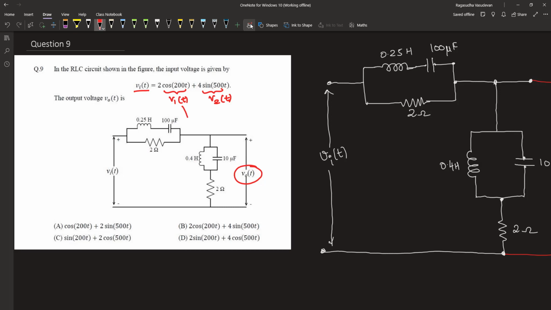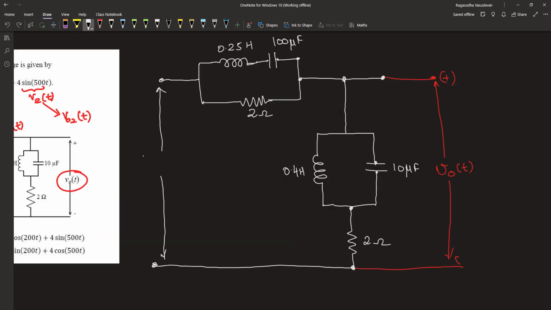Let's say that the output voltage due to this component is VO1(t) and the output voltage due to this component is VO2(t). Let's find out each one of them. Vi(t) is now V1(t), which is equal to 2 cos 200t, and the output voltage due to this is VO1(t).